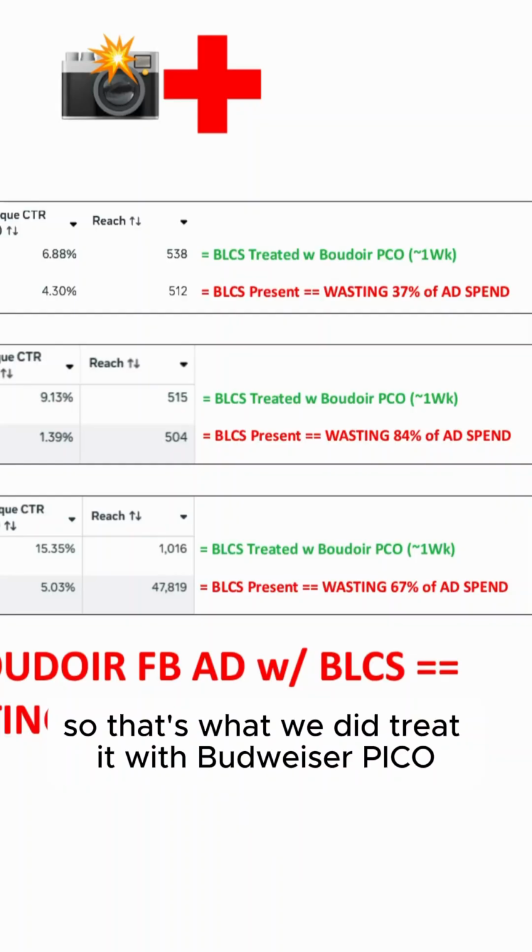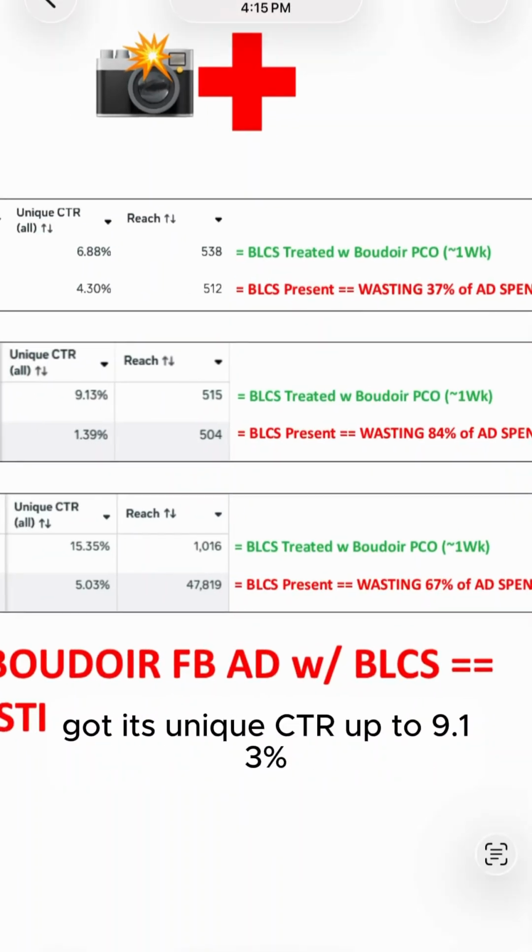So that's what we did. Treated it with Boudoir Pico, got its unique CTR up to 9.13%.